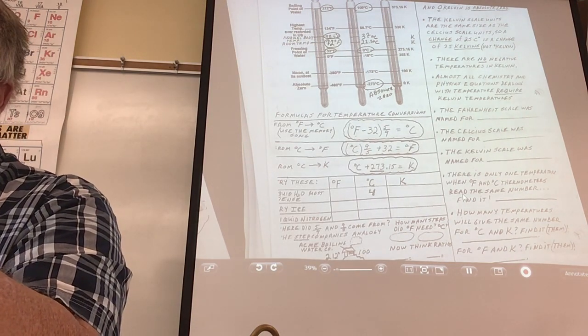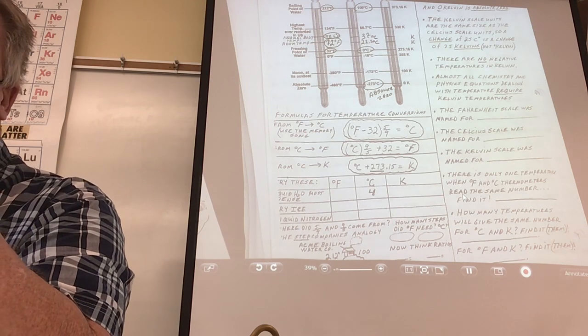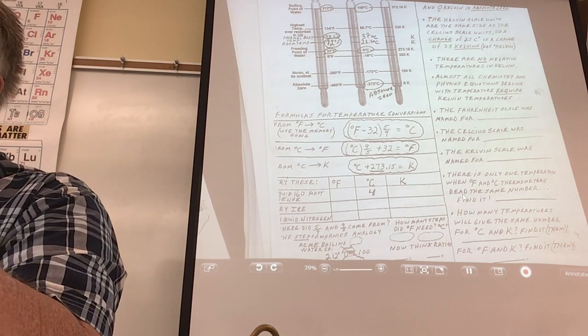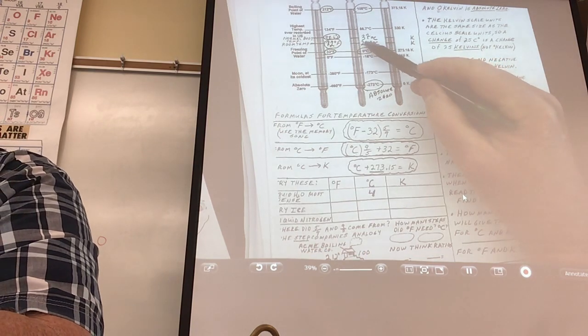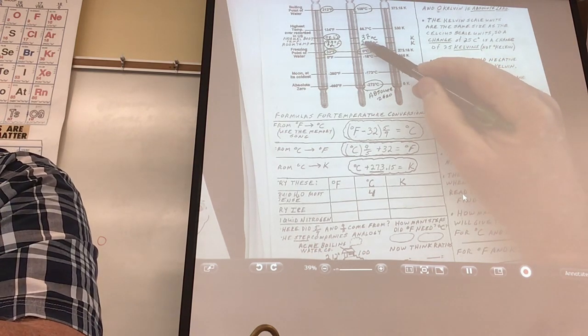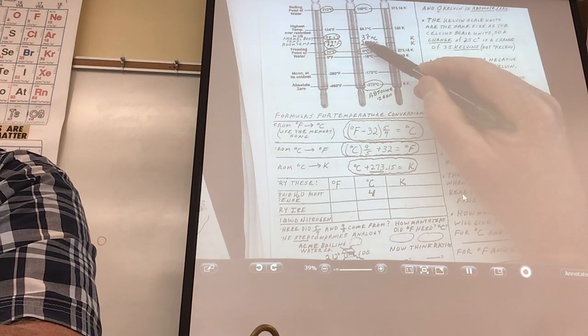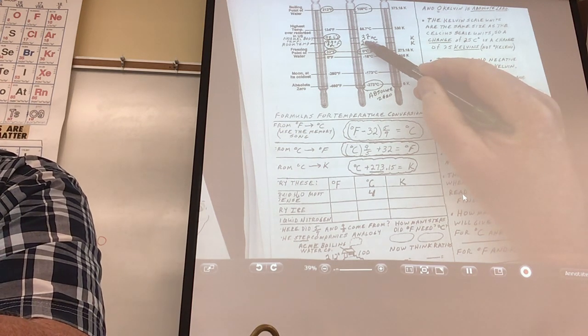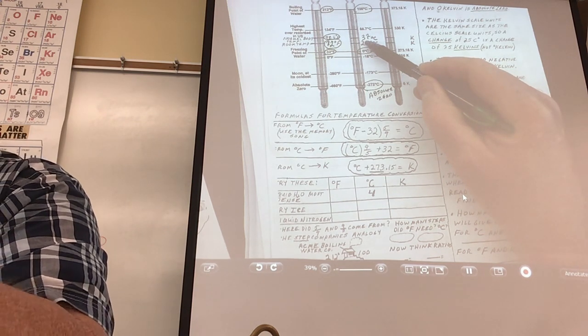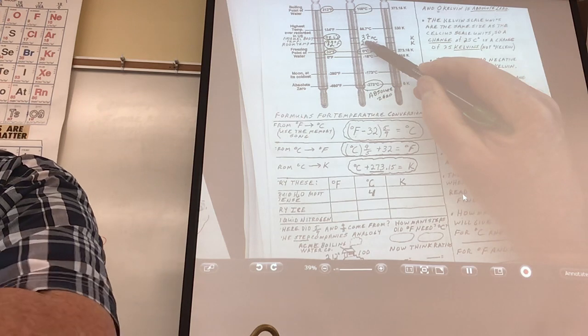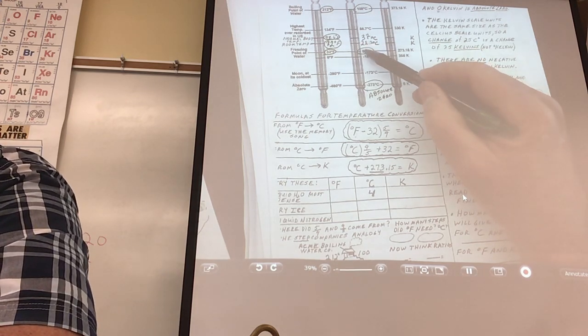If you're a math person, I'm going to give you a question. What do you think is twice as hot as 10 degrees Celsius? Because you've been in math class, you're going to say 20. Now watch what happens. That's not right, though you think it's right. What's twice as hot as 0 Celsius?